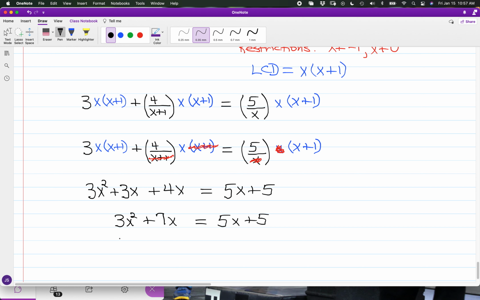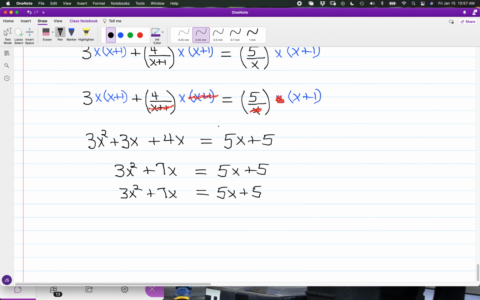And if I rewrite this in standard form, okay, so I have 3x squared is the highest order term, and it's located on the left. And what I can do here is we can take the terms from the right and remove. Okay, so I can take out 5x and also subtract 5.